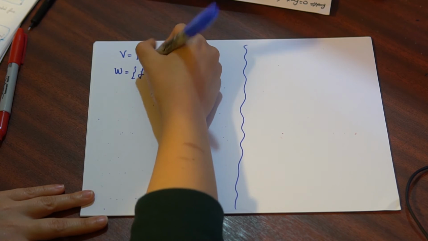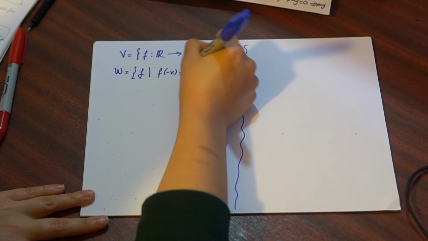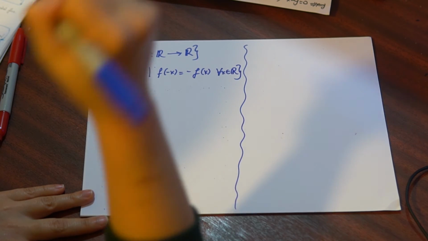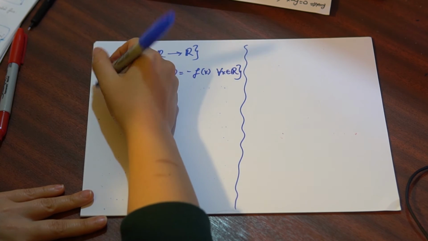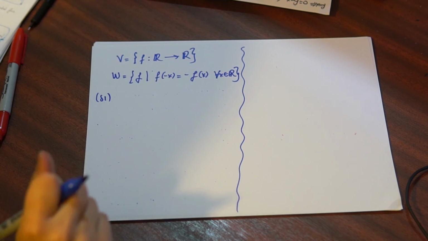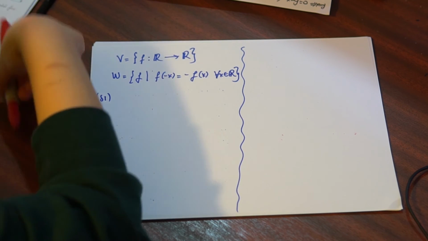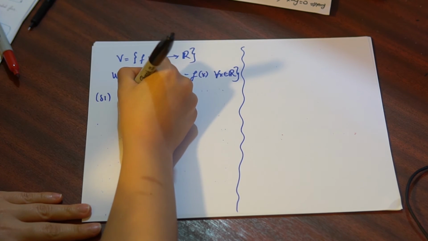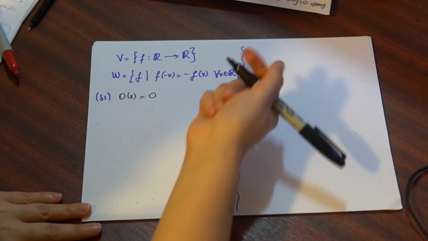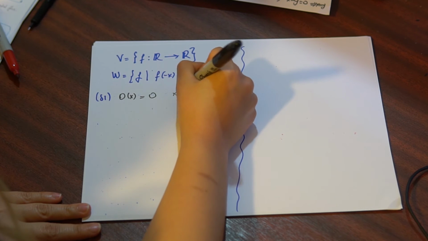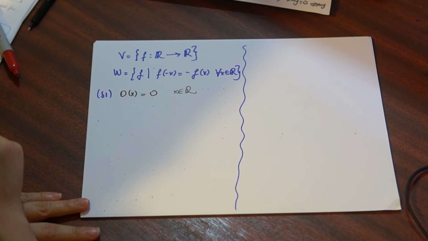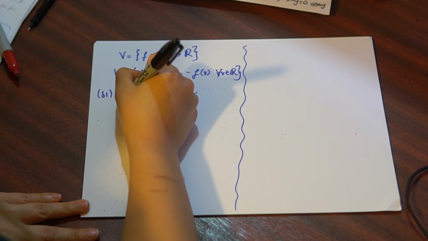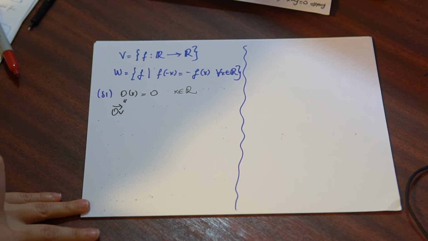Odd function means that f of minus x is equal to minus f of x for every x in R. Now for the first axiom, we need to show that the zero function is in W. The zero function, 0 of x, is equal to 0 for every x in R. The function sending every x to 0 is the zero vector of this vector space.